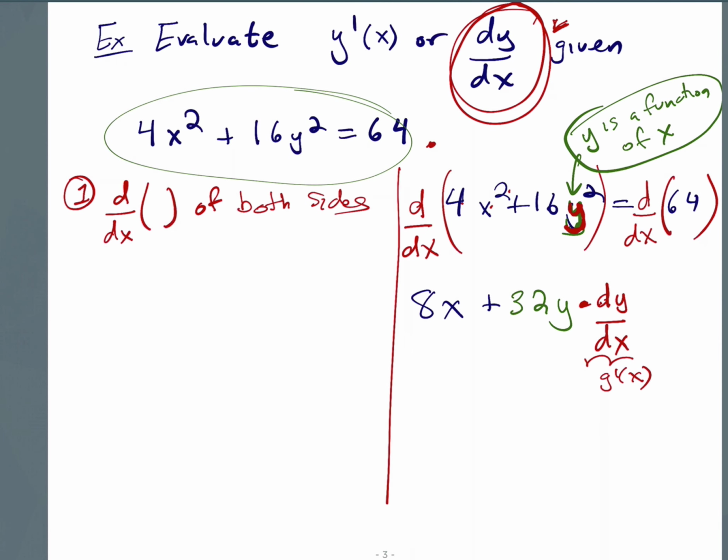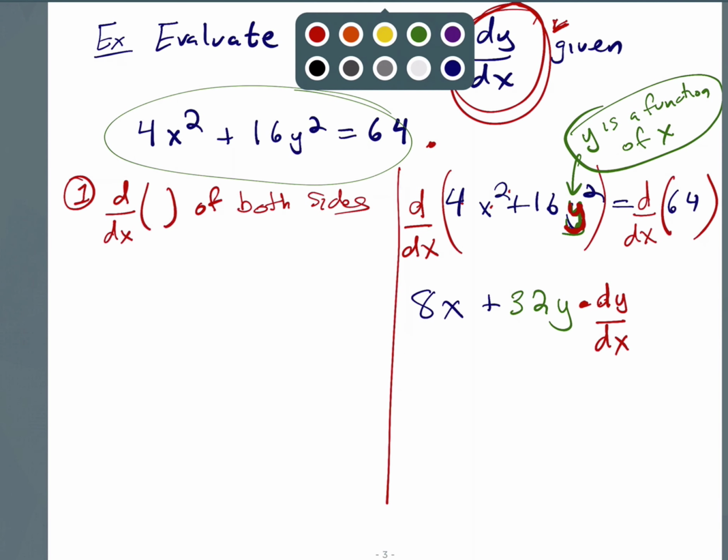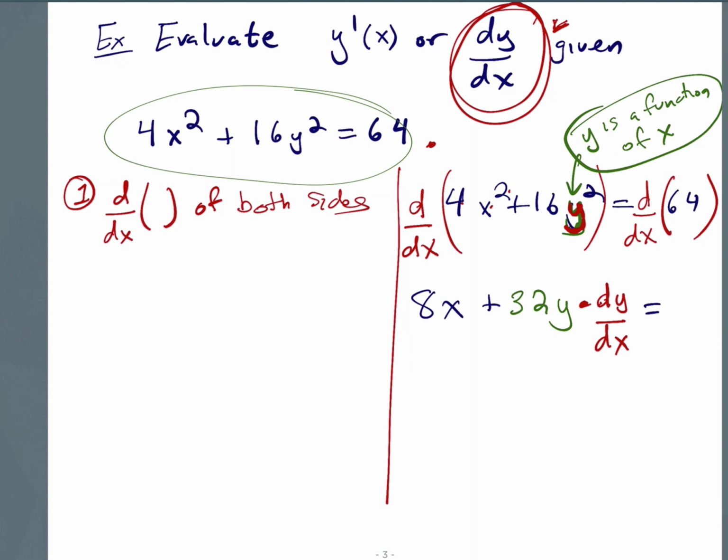Yes? No? You guys are looking at me funny a little bit. Okay, and then what is this equal to? 0. And can I find dy over dx, which is what the question is? Sure I can.